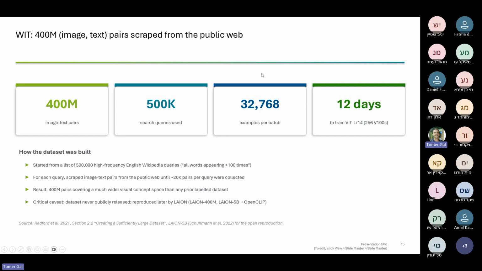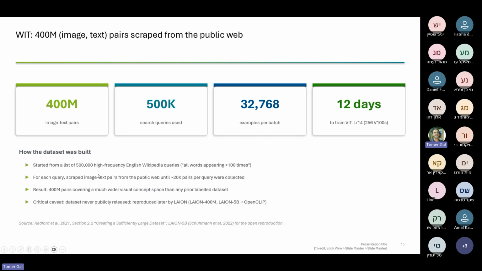Okay, so how did they build that specific dataset? They had 400 million image and text pairs. Overall, they started from a list of 500 million high-frequency English Wikipedia queries. Then for each one of the queries, they did scraping.